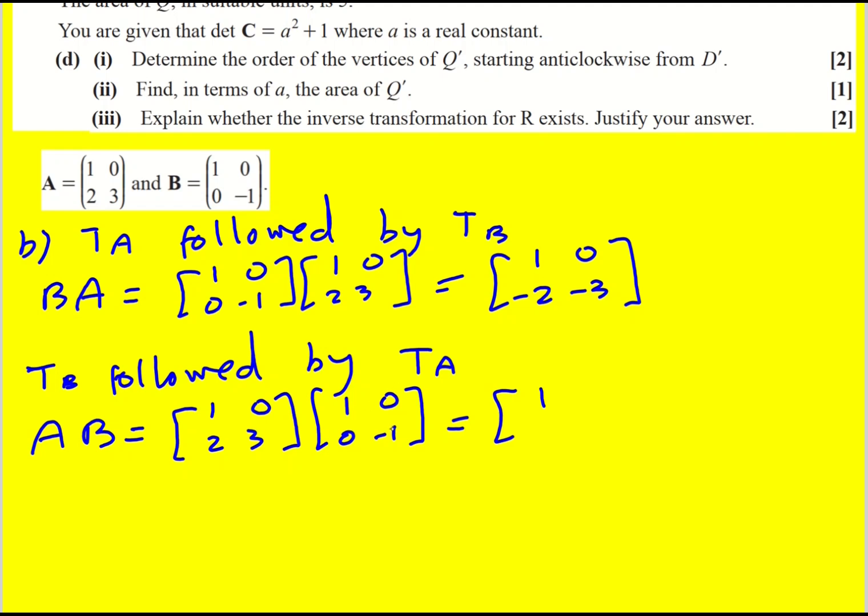That gives 1, 0, 2, minus 3. So AB is not equal to BA.